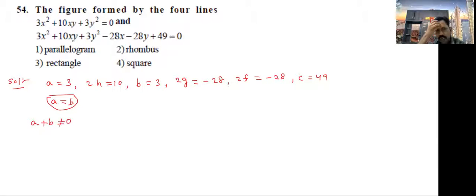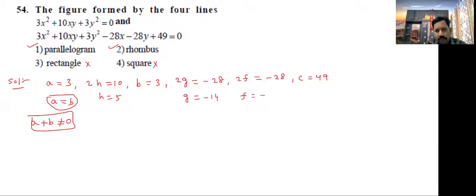Here, a and b both are equal, but a + b is not equal to 0. That means the quadrilateral formed is either a parallelogram or a rhombus. So these two options are wrong because a + b is not equal to 0. The h value is 5, the g value is -14, and the f value is also -14.